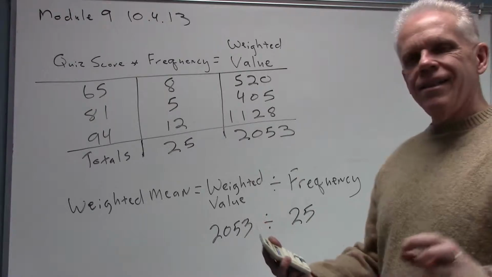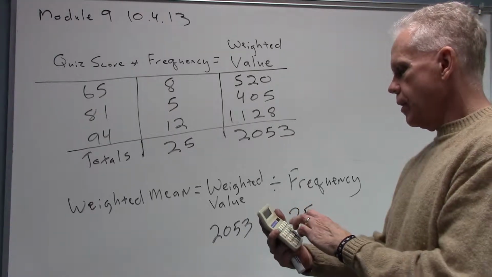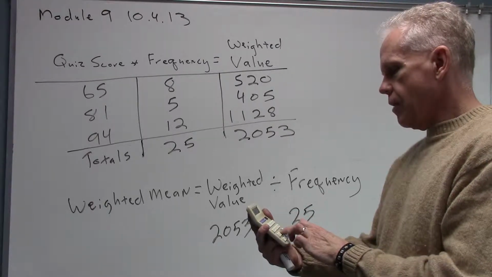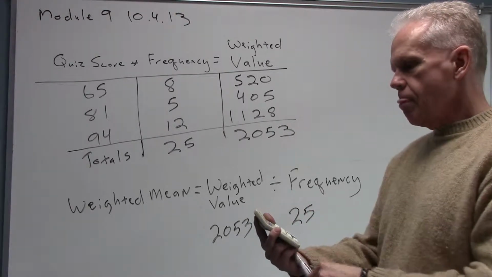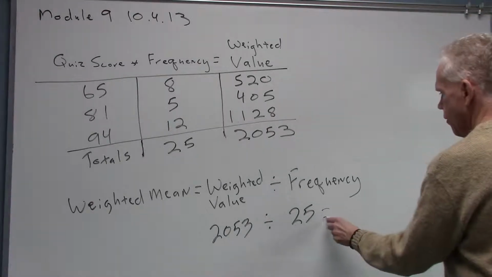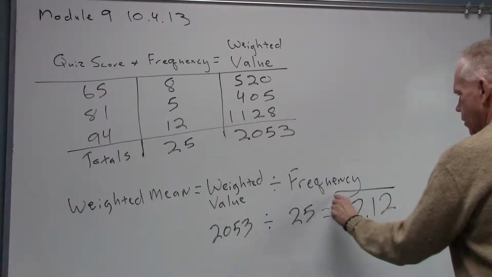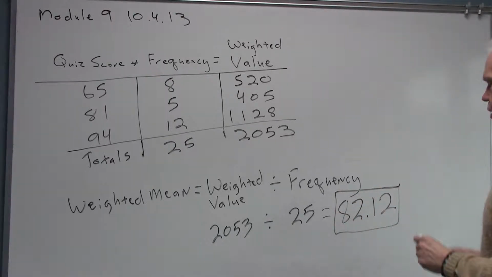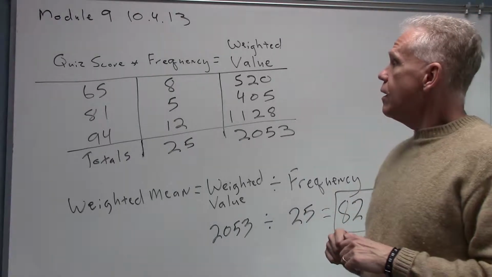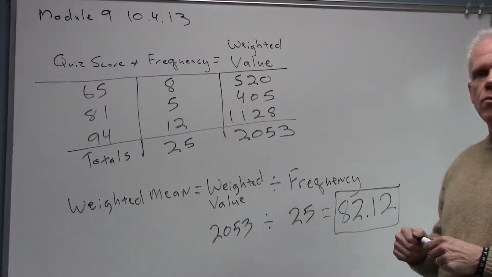So let's take a look here and see what we got. 2053 divided by 25 equals 82.12. So our weighted mean, our average for this class, came out to be 82.12.